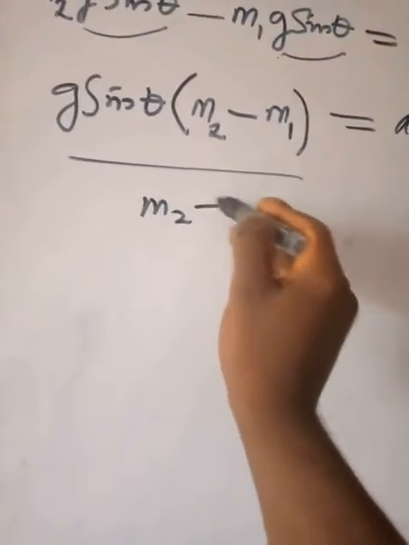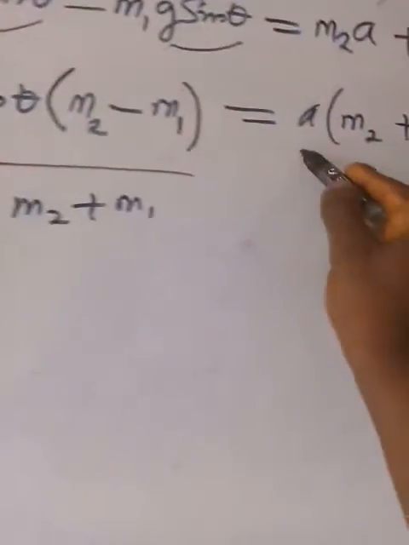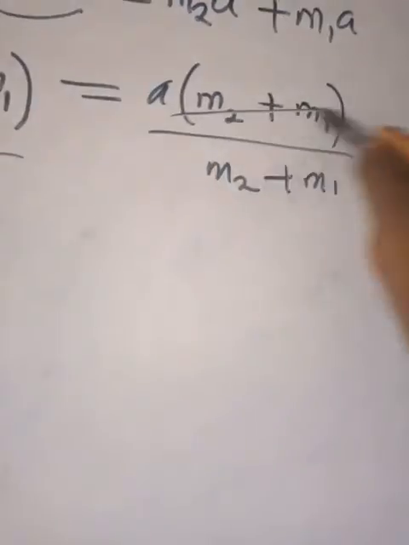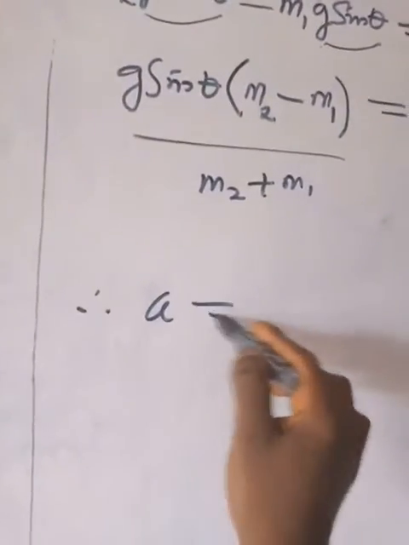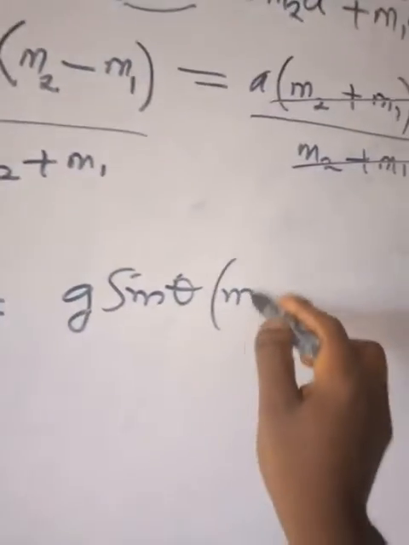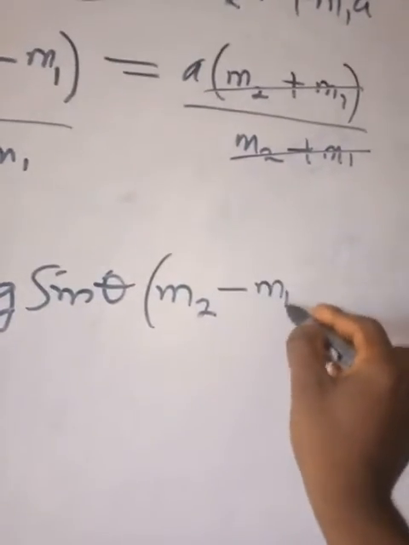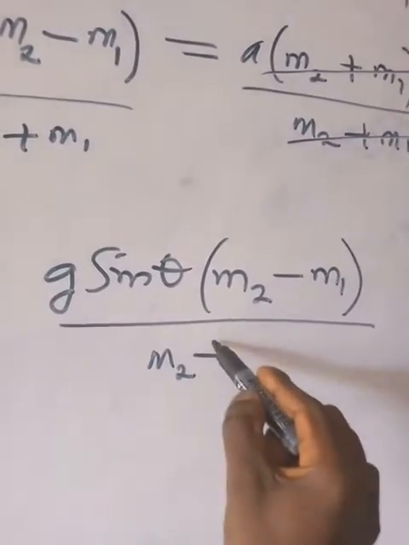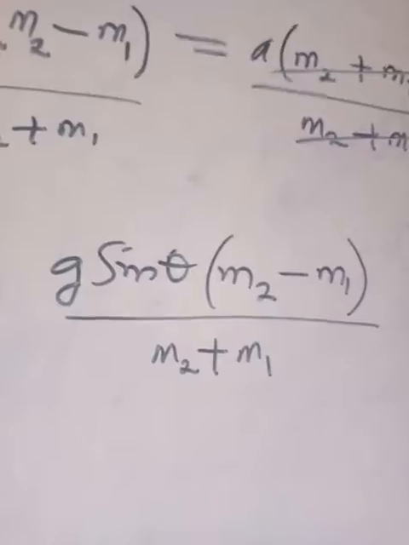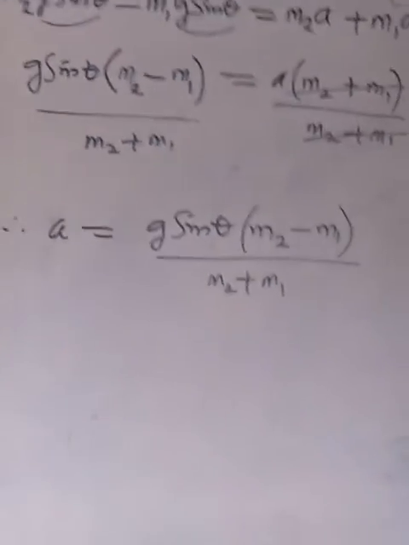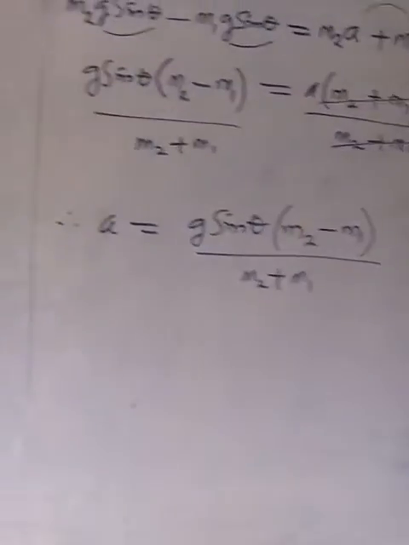This removes this. Therefore, acceleration equals g sine theta multiplied by m2 minus m1 over m2 plus m1. With this equation, we have determined the acceleration of the body.